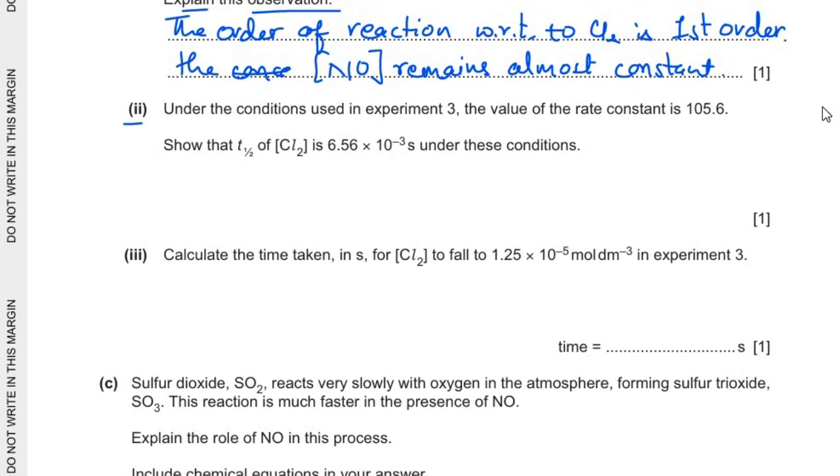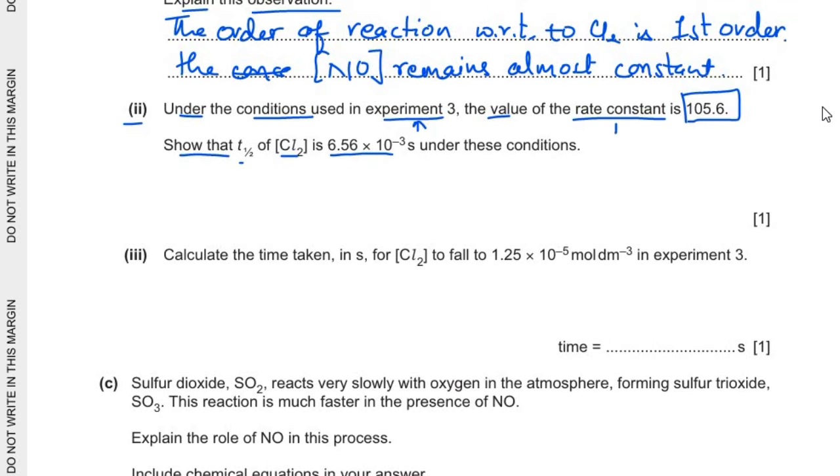Now for the 2, under the conditions used in experiment 3, the value of the rate constant is 105.6. Now understand, this is experiment 3 and the rate constant value has changed under these conditions. Now show that the T half of chlorine is 6.56 × 10^-3 seconds under this condition.